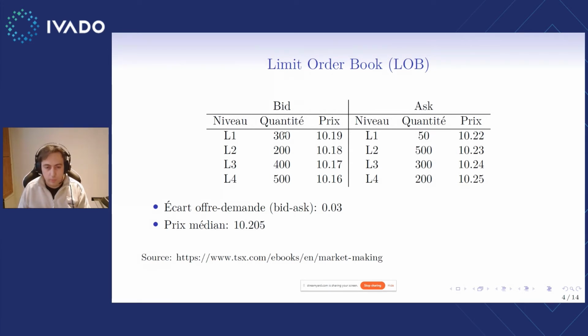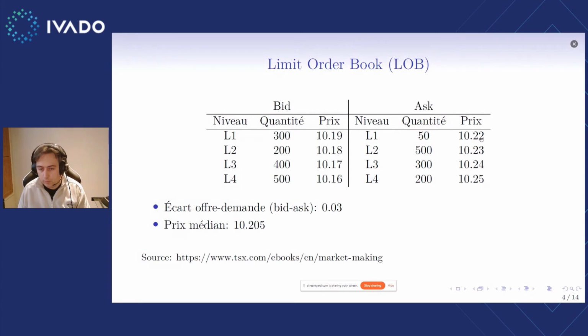In this case, at level 1, somebody proposed to buy 300 stocks at the price 10.19, and on the ask you have somebody that wants to sell 50 stocks at the price of 10.22.